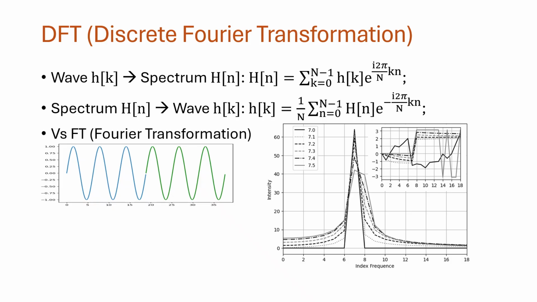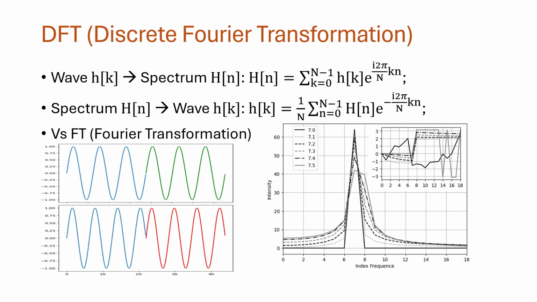Here, in the first case, if we apply this function and result in a perfect sine wave, then we get a delta function in the transform. On the other hand, if we get half the wave and then have this kind of repeat, we have a pretty wide peak.